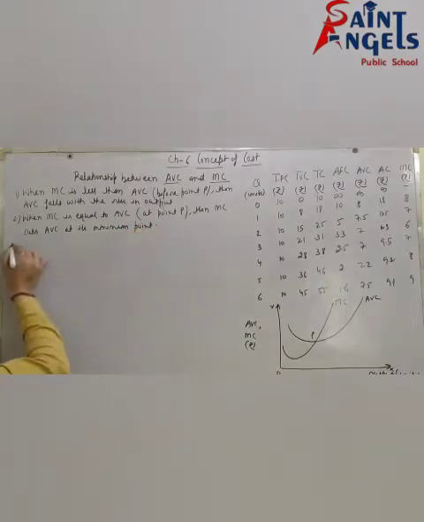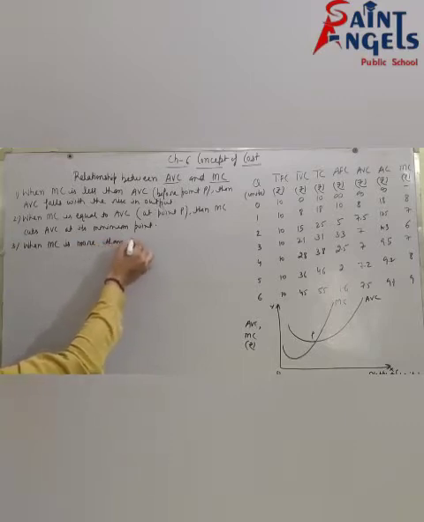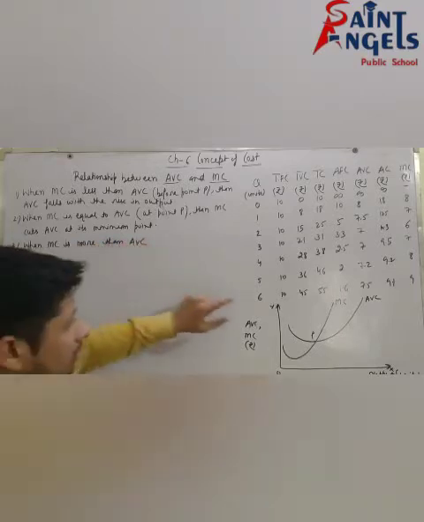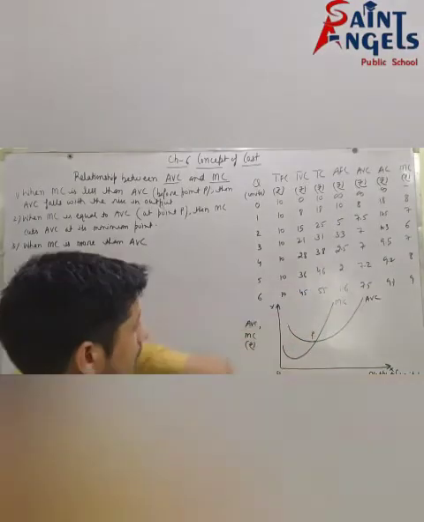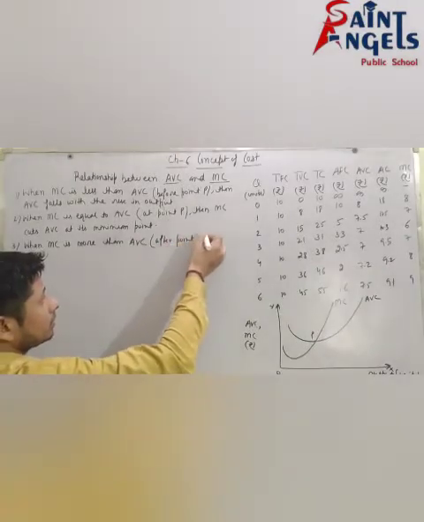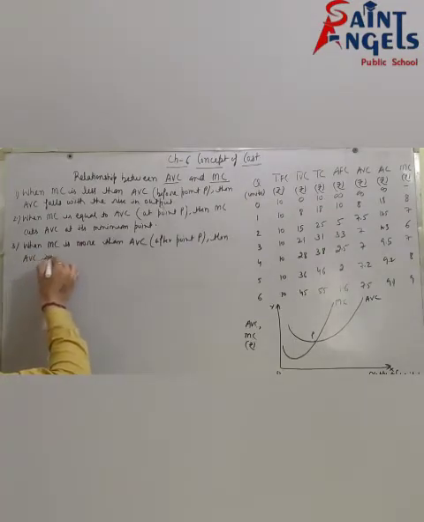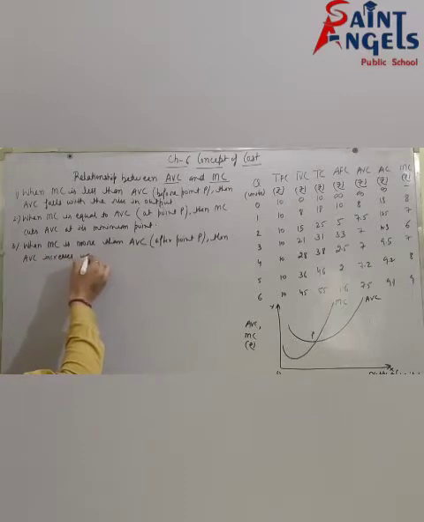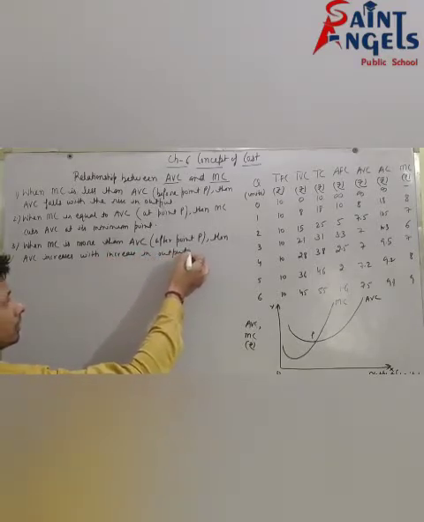See third point. When MC is more than AVC after point P, then AVC increases with increase in output.